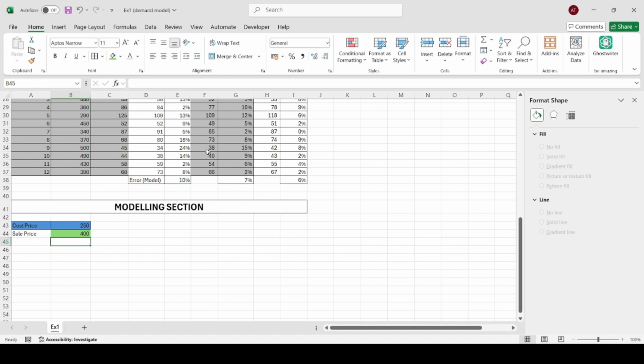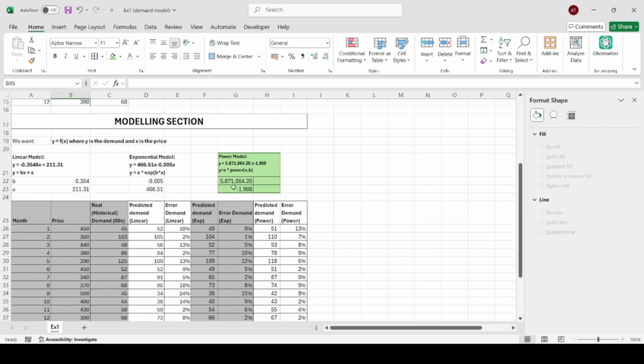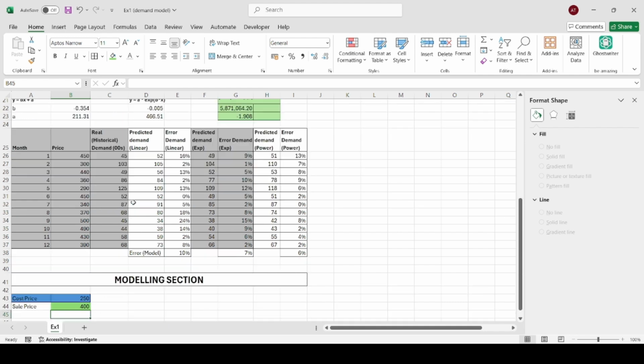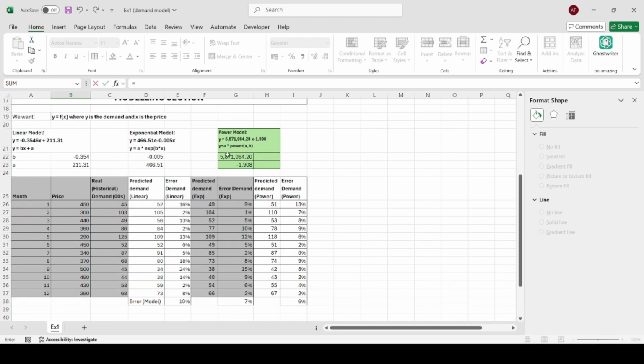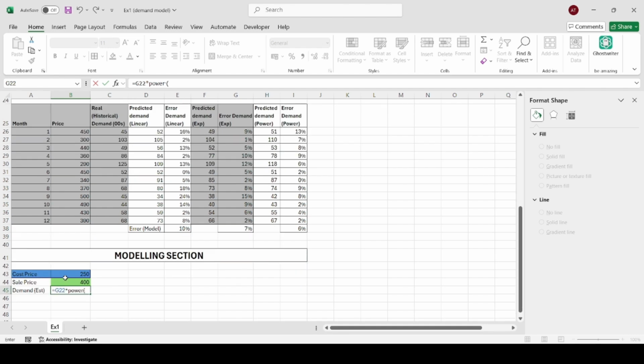Now we already have come up with the best model. So this model will predict our demand, right? So I'm going to put here the demand. Now this is estimated based on the model. So let's calculate the demand. So we know that the equation is this: A times power X. Now X for us is the sale price, right?